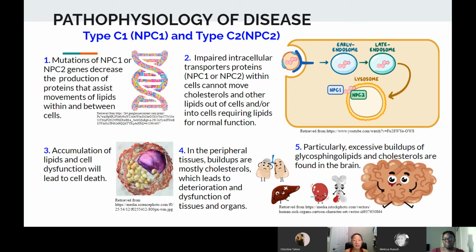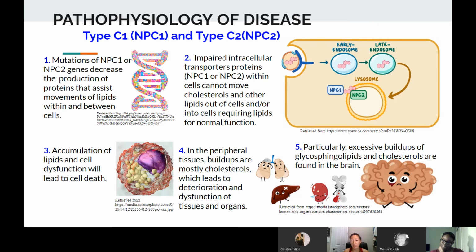With type C, you'll see accumulation of cholesterols, lipids, and of course other lipids too. Because of the dysfunction of the protein movement, they cannot move the lipids out, and it's going to lead to cell dysfunction and cell death. In the peripheral tissues, there's going to be buildups of mostly cholesterol.